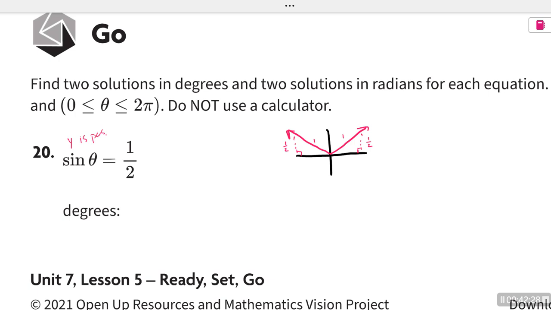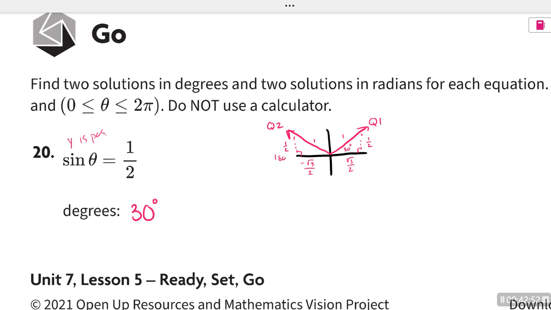Well, that's the 30, 60, 90. So if we want, we could even say this is negative square root 3 over 2, and this one is positive square root 3 over 2. So this is quadrant 1 and quadrant 2. What angle is across from that 1/2? Well, it's the 30-degree angle. So in degrees, it's 30 degrees.